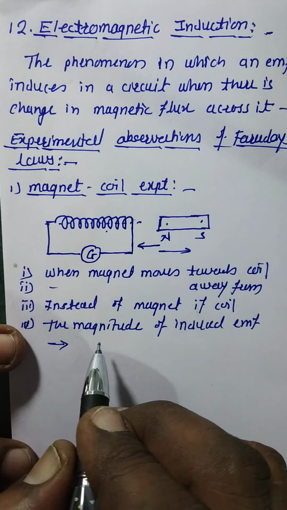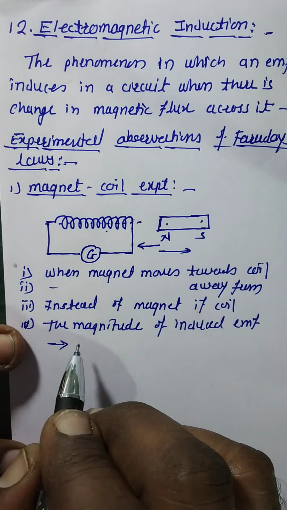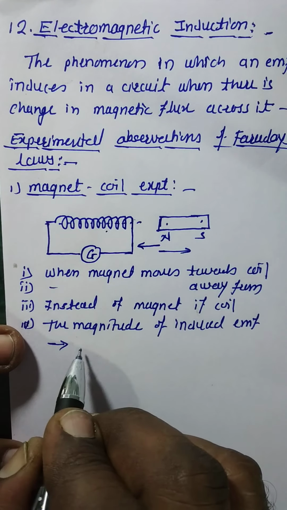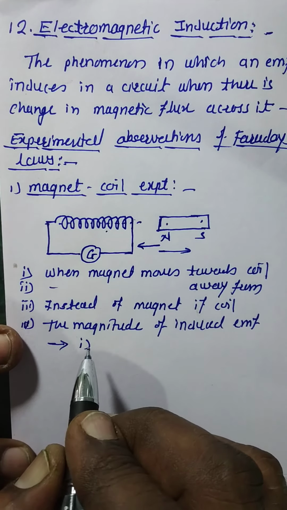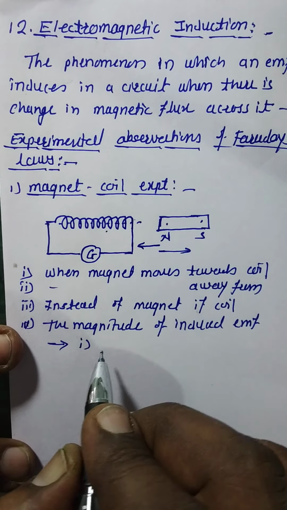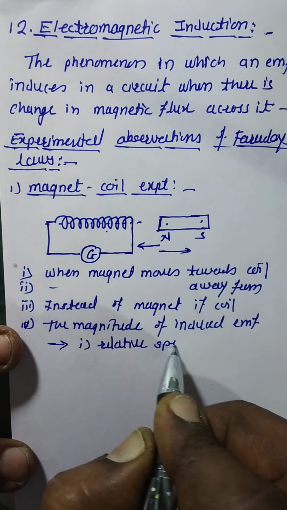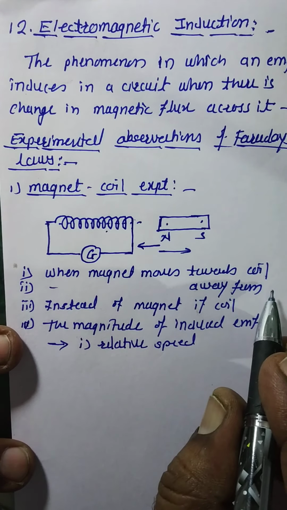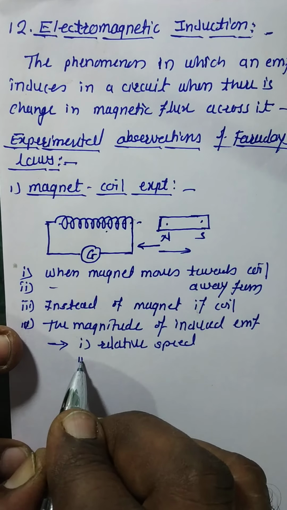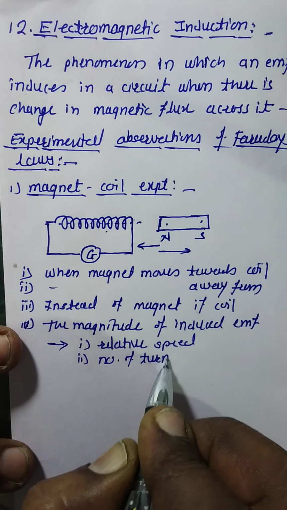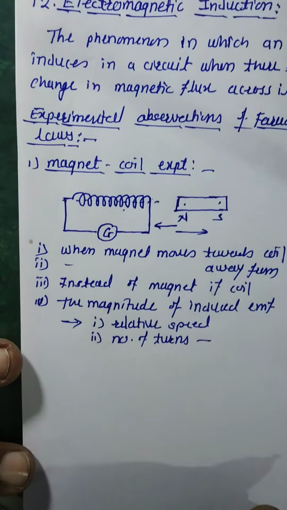Depends upon, फार त्रास म्हटलं तरी चालेल या ठिकाणी, the magnitude of an induced EMF depends on number one, that is relative speed of magnet and coil, and one more, that is number of turns in coil.